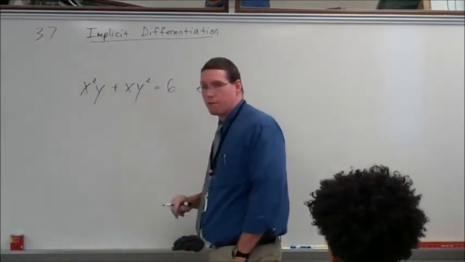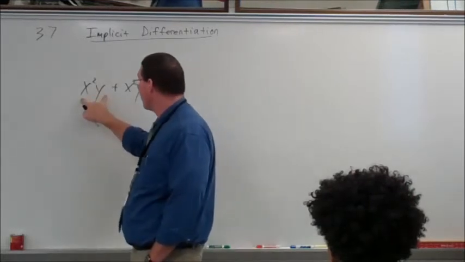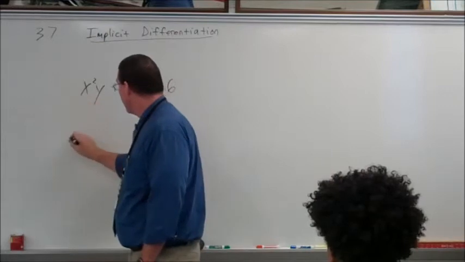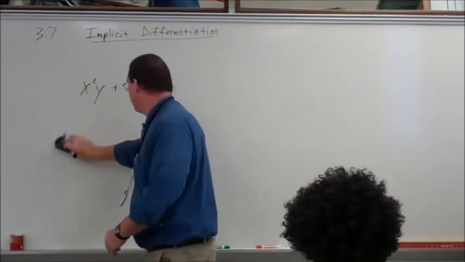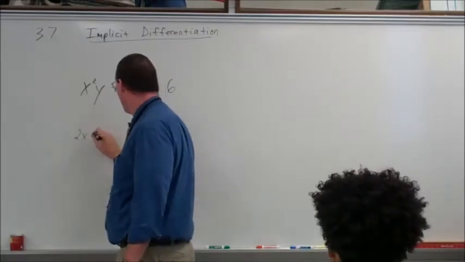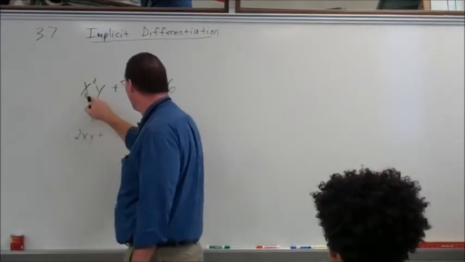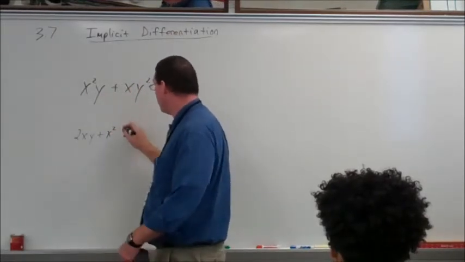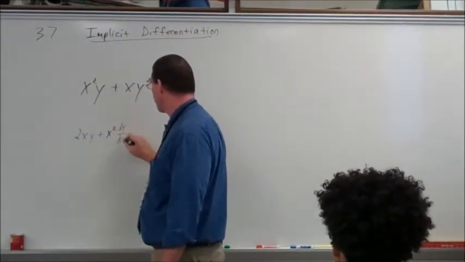Then we have to do the derivative of this term. I have to apply the product rule. The derivative of this is 2x, so 2x times y, plus x squared times the derivative of that, which is 1 dy/dx.